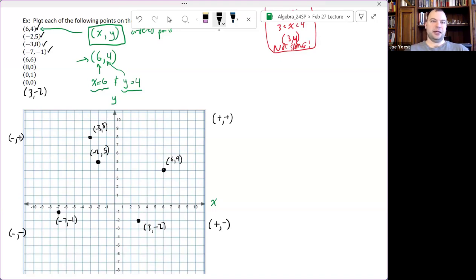So each of my x and y can be positive or negative, and these are the 4 possible pairings. If I wanted to look at, say, (6, 6), I see that's 2 positive numbers. That's going to be in quadrant 1. So if I go over to 6 and I go up to 6, there's (6, 6) in quadrant 1, as I expect, with 2 positive numbers. Are there any questions so far?